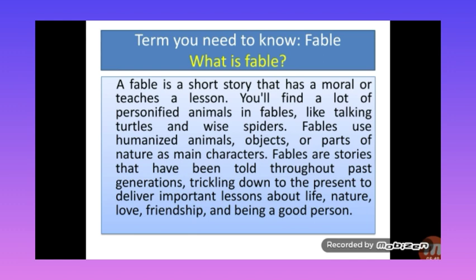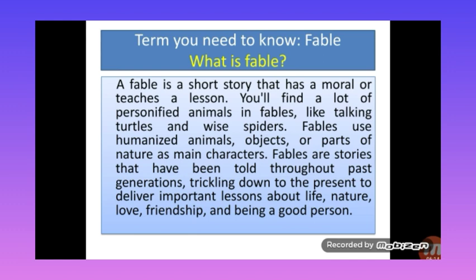The characters in fables are not human beings. There are different characters. Even nature comes as a character. Birds are characters, animals are characters, and they represent human behaviors. They represent human frailties and follies.